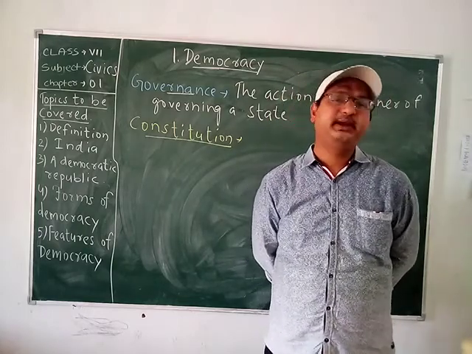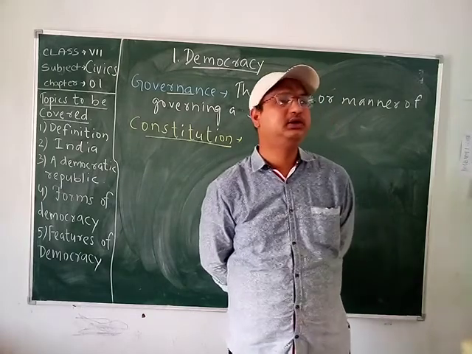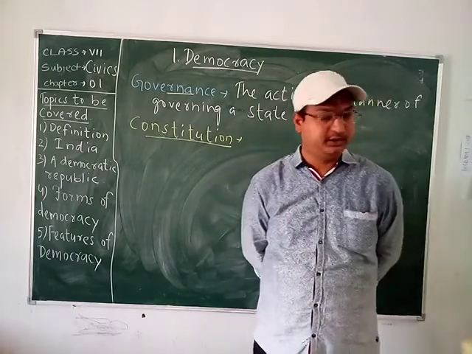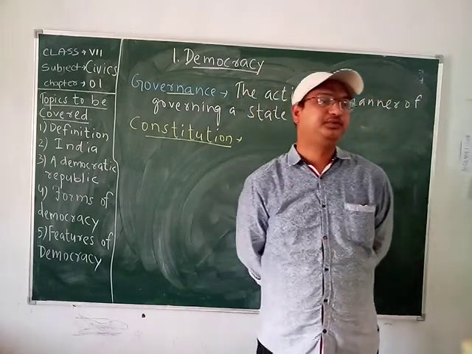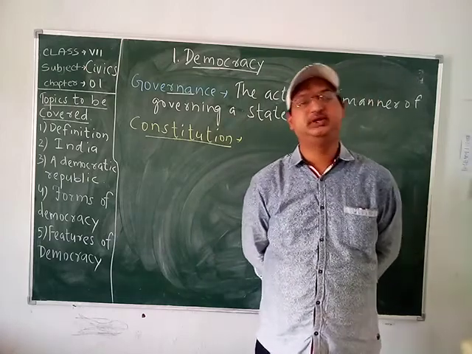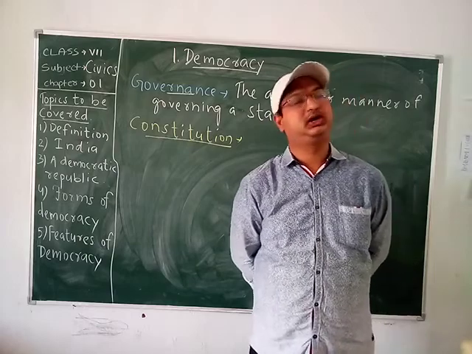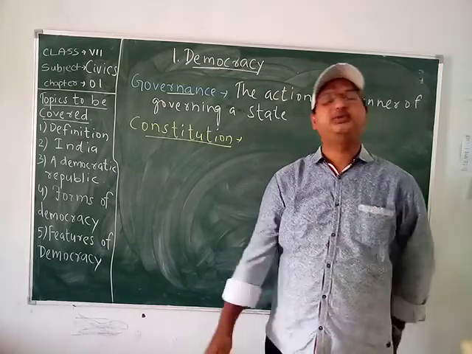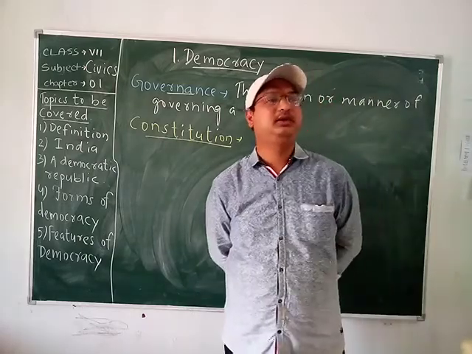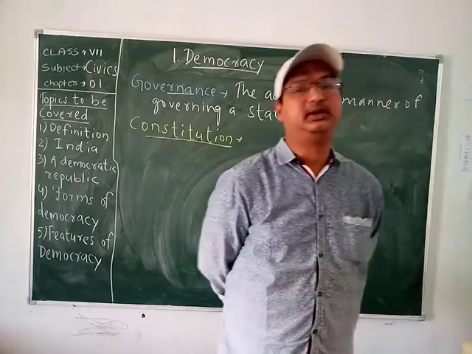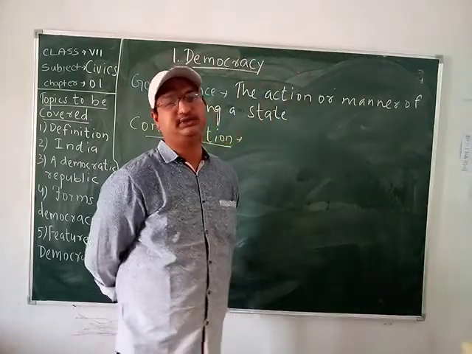No distinction should be made on the basis of race, culture, region, language, religion, caste, color, etc. People are free to practice any religion in any manner and to maintain their own distinct cultures.